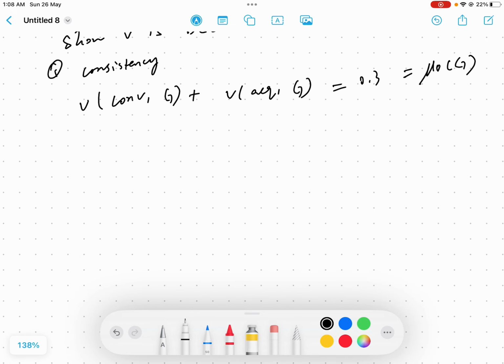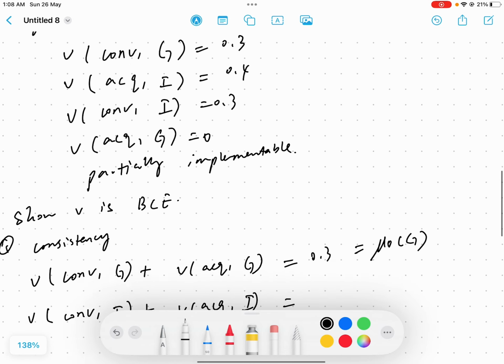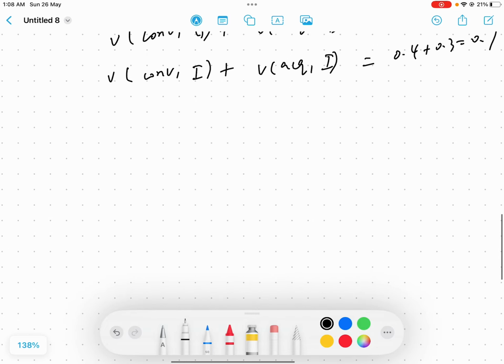So it's correct. And V of convict given I plus V of acquit given I is 0.4 plus 0.3, which is 0.7, and of course it's mu naught of I. So it's also correct.